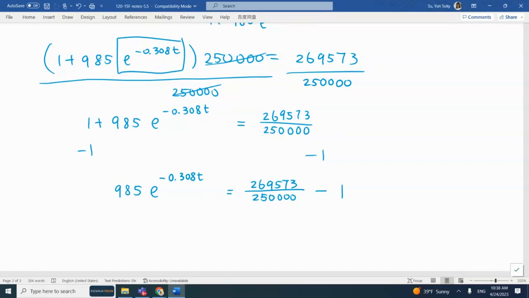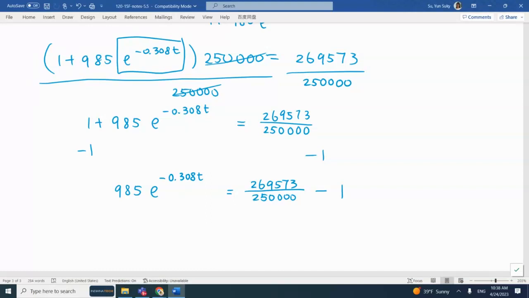Is that okay, everybody? Yeah. Hold it. Don't put in your calculator yet. Just leave it like that. Because when you plug in calculator here, you get decimals. Do it at the very last step. Then your answer will be more accurate.